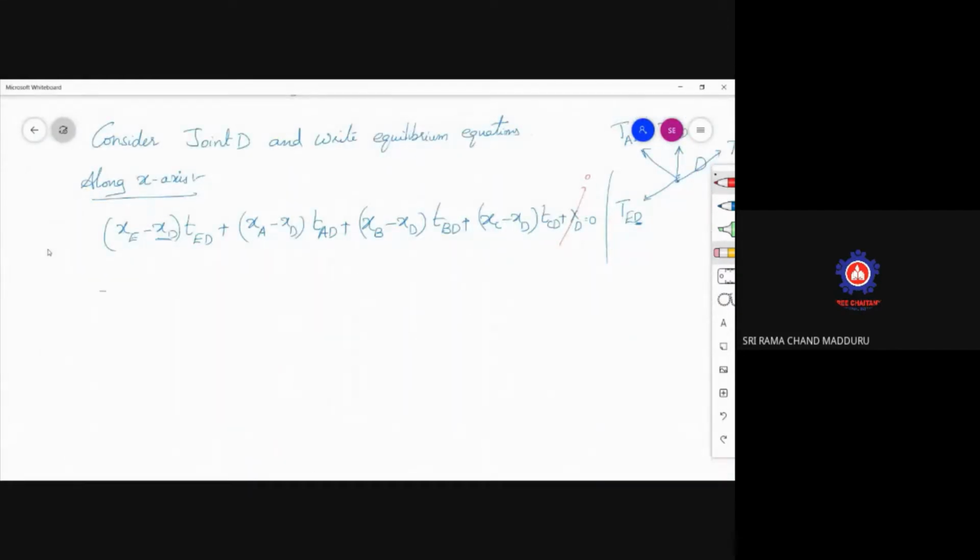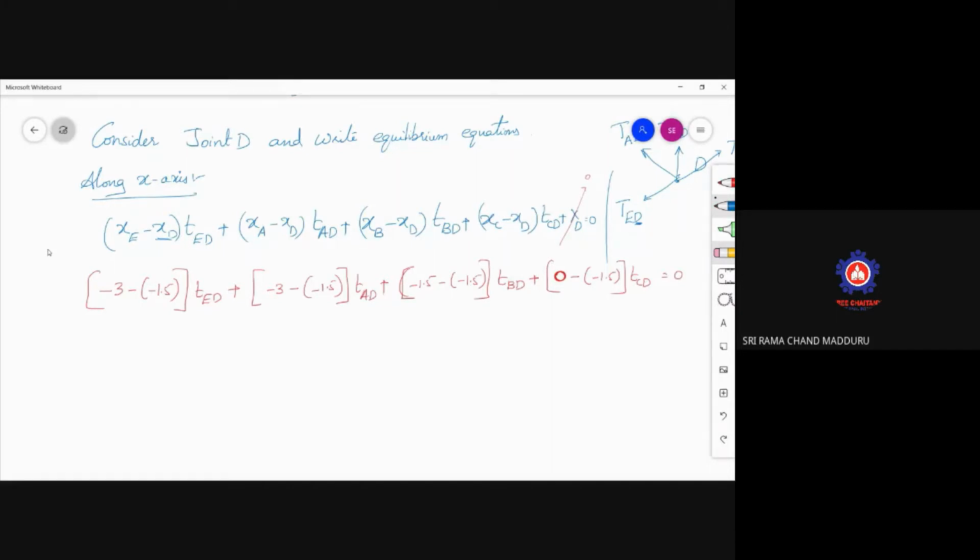So this is minus 3 minus of minus 1.5 into TED plus XA, minus 3 minus of minus 1.5, into TAD plus XB, minus 1.5 minus of minus 1.5, into TBD plus 0 minus of minus 1.5 into TCD equal to 0.